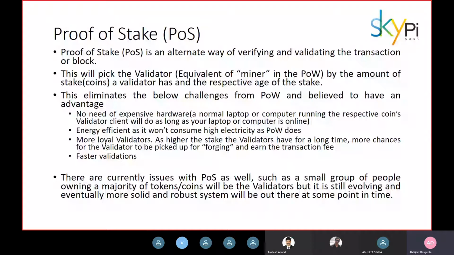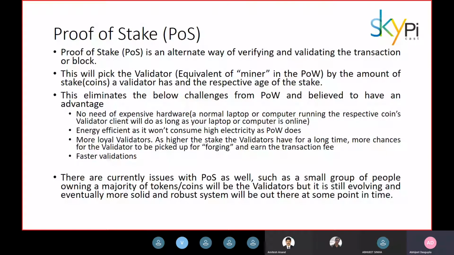The validators are more loyal because they have higher stakes for a longer time. There are more chances for the validators to be picked for forging and earning the transaction fee. Also, the validation process is faster.